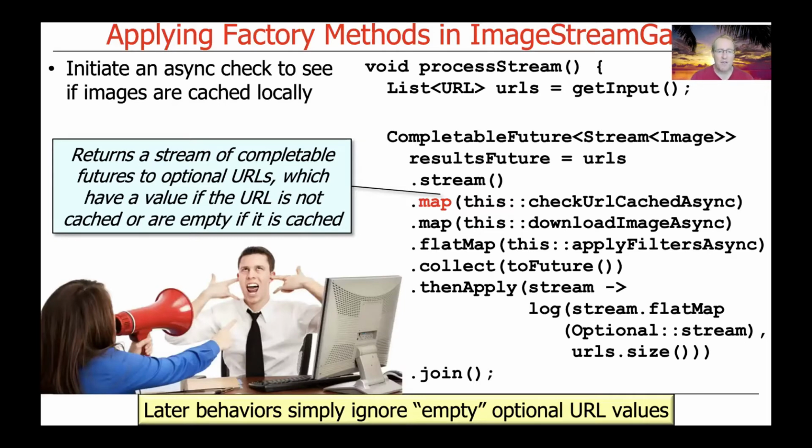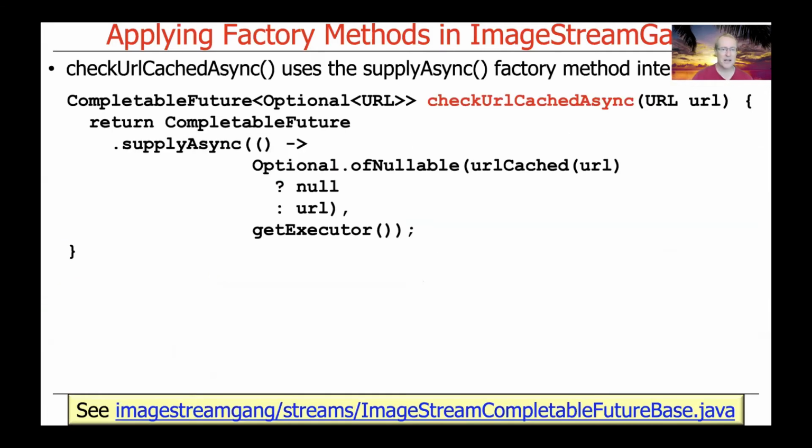So later behaviors are just going to ignore empty optional URL values. And an optional is empty if the URL has already been downloaded and cached previously. So we indicate that something doesn't need to be processed any further in this chain by having an optional that's empty. And you'll see how that applies here in a second.